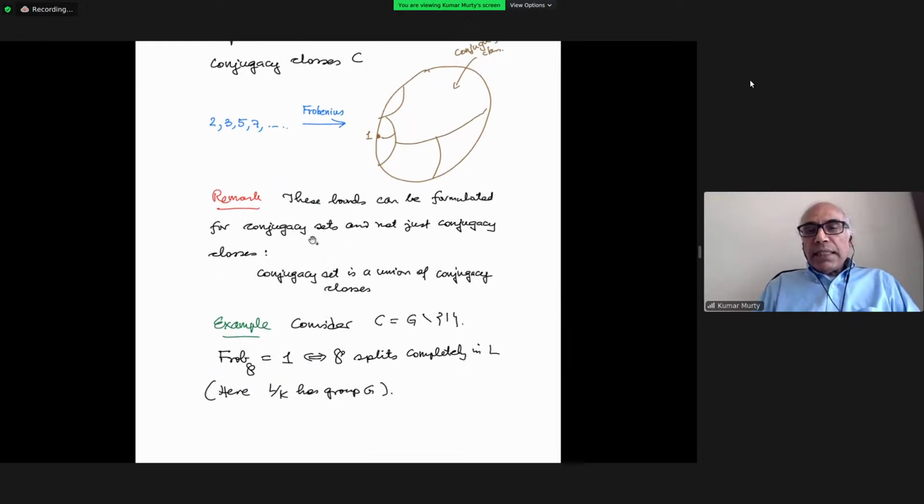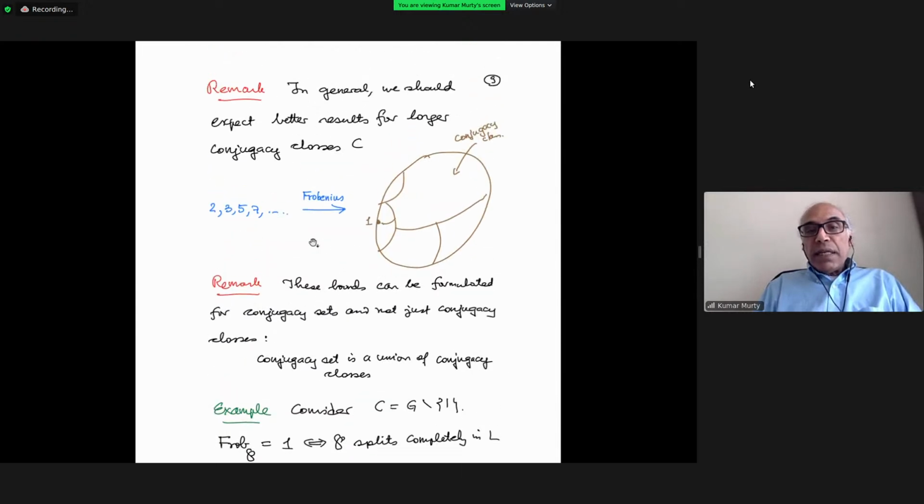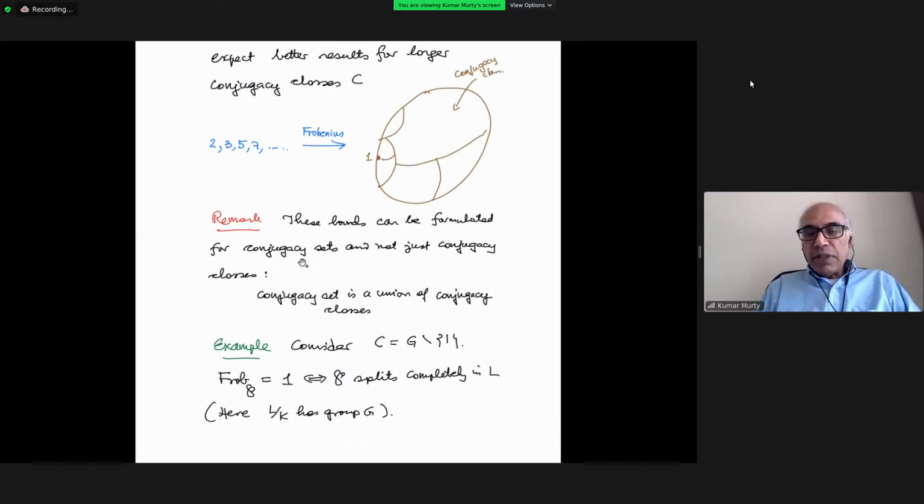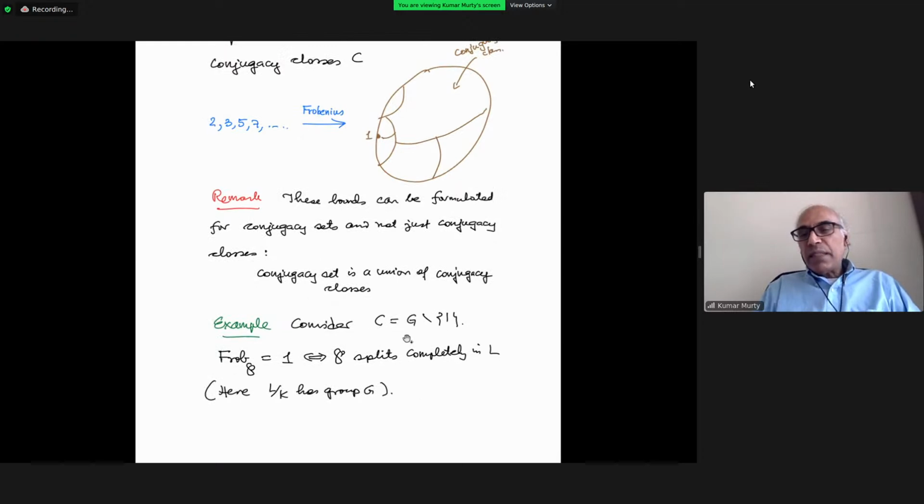Okay, and as I said, all of these bounds can be formulated for conjugacy sets and not just conjugacy classes. And by the way, sometimes this makes a difference. In some applications, this particular point of view makes a difference. I want to show you one instance where you can actually get exactly what I was asking for. Namely, you can show that the bound gets better as the conjugacy class grows. So what I did, some years ago, was take the biggest possible conjugacy set.